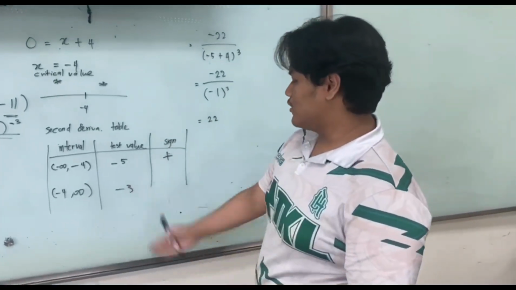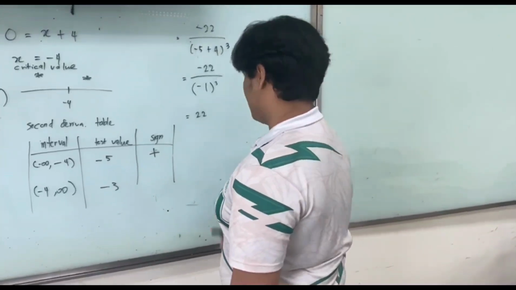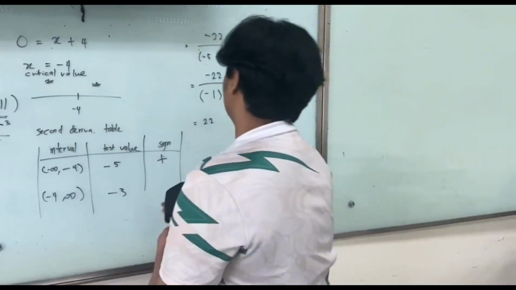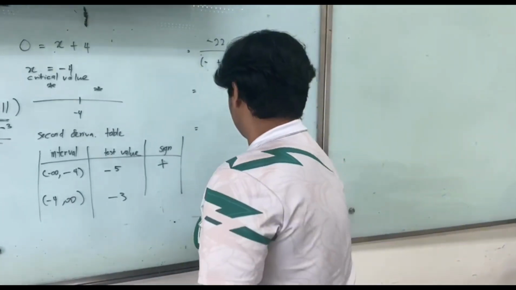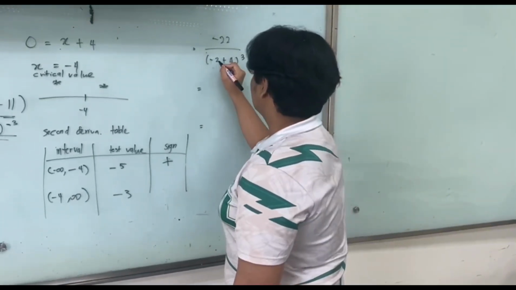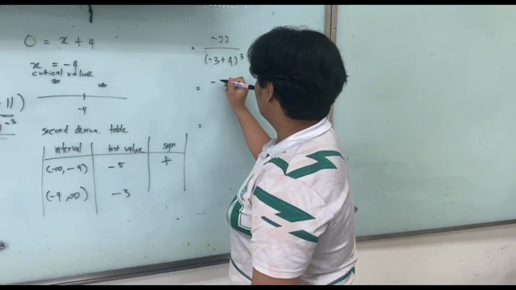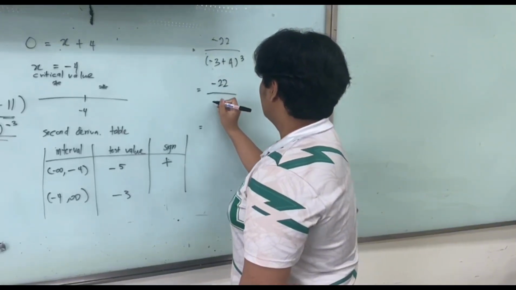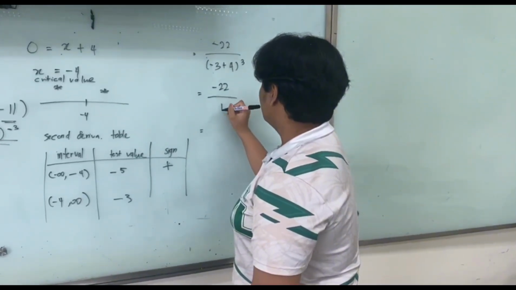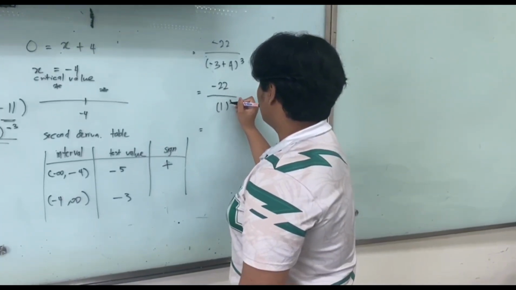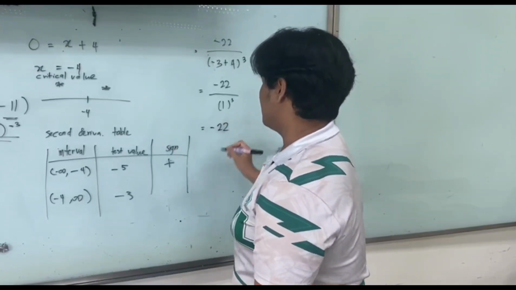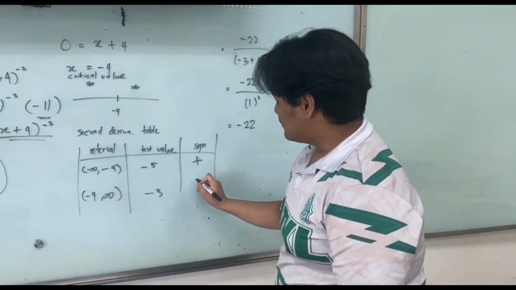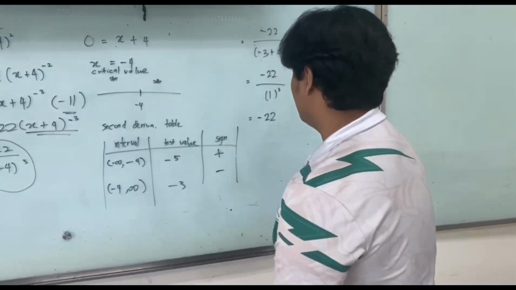Then we search for the second test value, negative 3. Negative 3 plus 4 gives 1, to the power of 3, so it will be negative 22. Then the sign here is negative.